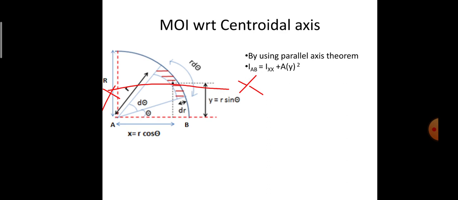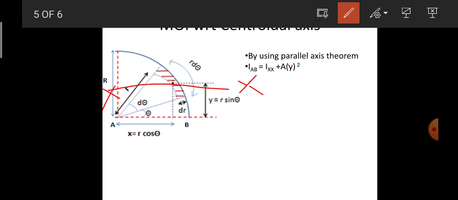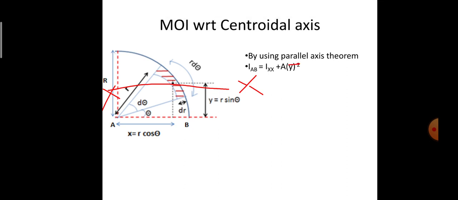wherein IAB is the moment of inertia with reference to AB as a reference axis. IXX is the moment of inertia with reference to the centroidal axis XX of the quarter circle as a whole, A is the area of the quarter circle, and y bar is the centroidal distance in the vertical direction with reference to the base as the reference axis.